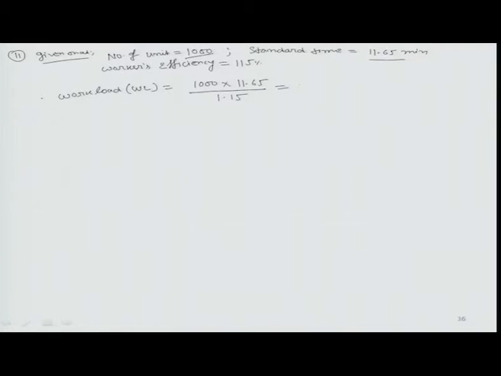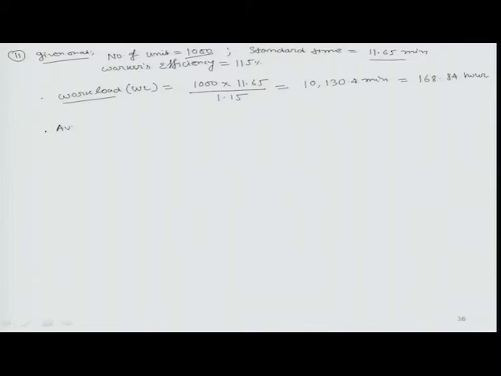So the workload is 10,130.4 minute. If I convert it into hours, we will have to divide it by 60. So it will get converted into 168.84 hours. Okay, this is the workload.